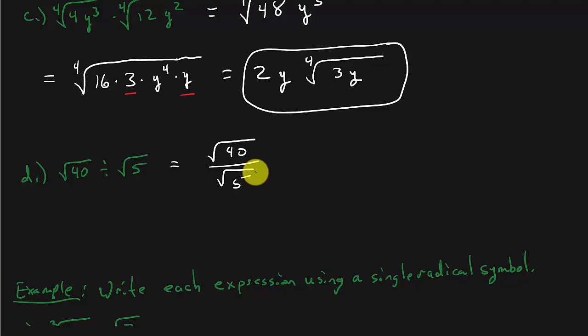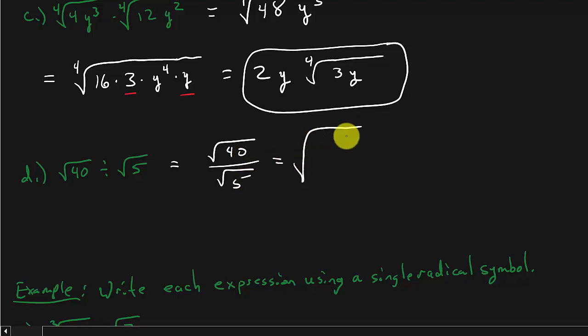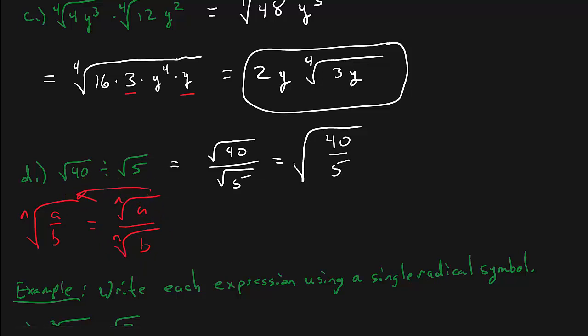You could rationalize the denominator. But I noticed that 5 divides into 40 evenly. And you remember that property, I can take this and write it underneath one radical, right? Remember we had the nth root of a over b is equal to the nth root of a over the nth root of b. And so I can go back this way too.